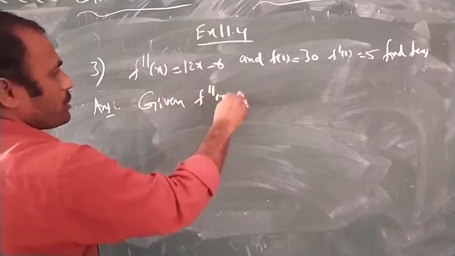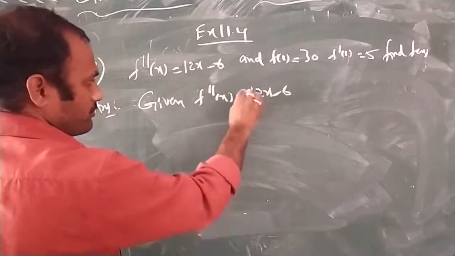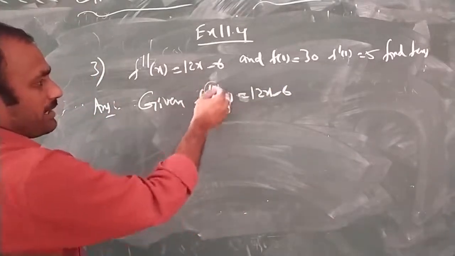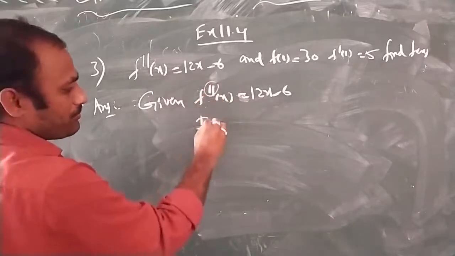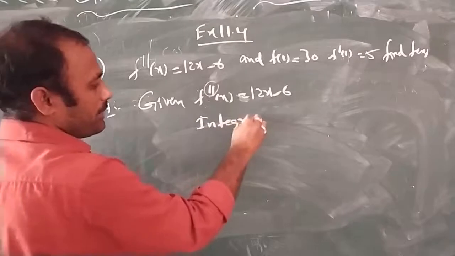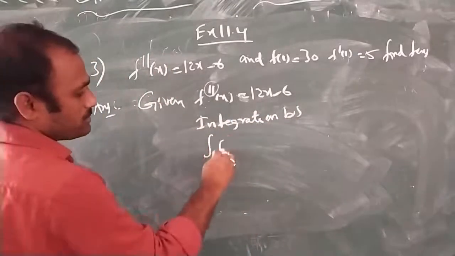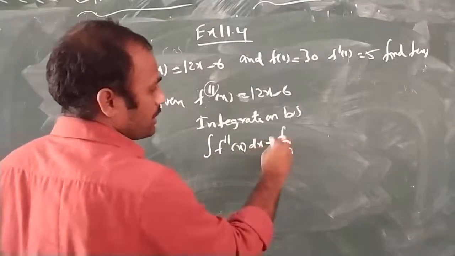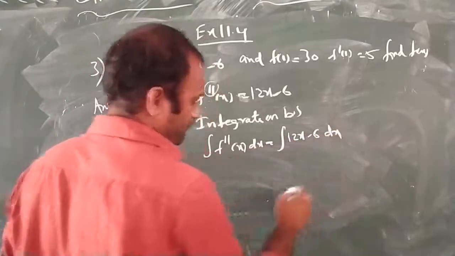Let us see. Given f double dash of x is equal to 12x minus 6. From differentiation, if I want to go to the first derivative, I have to apply integration. So integrate on both sides: integration of f double dash of x dx equals integration of 12x minus 6 dx.